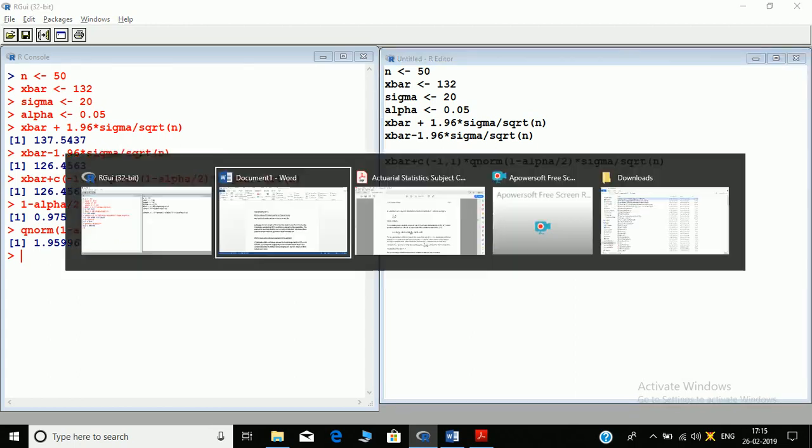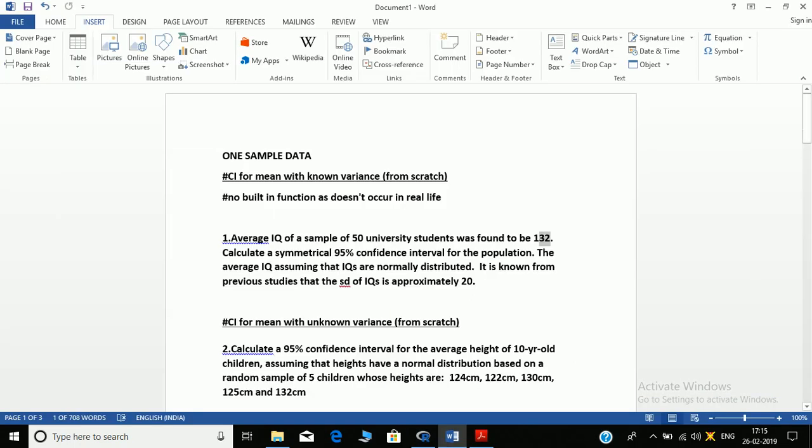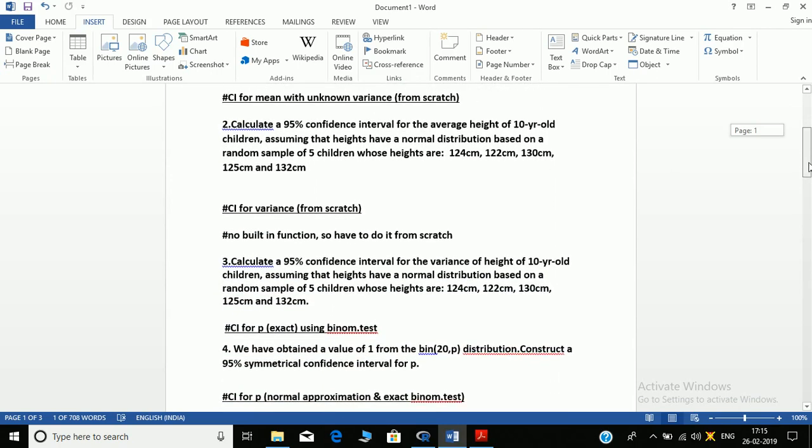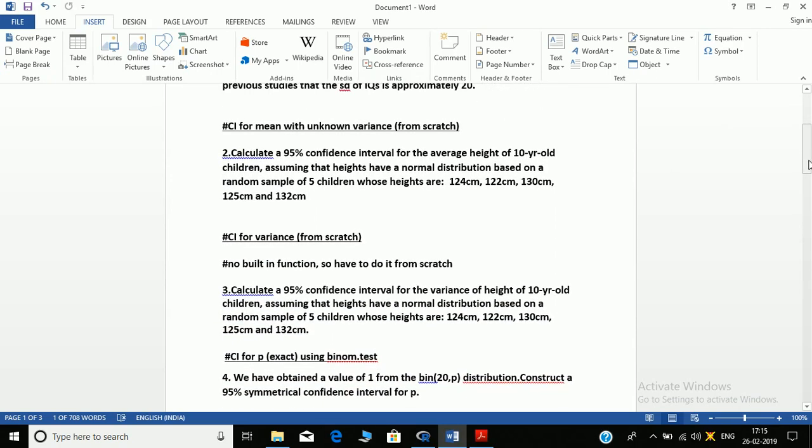Okay, next, it is CI for mean with unknown variance. Calculate a 95% confidence interval for the average height of 10-year-old children, assuming that heights have normal distribution, based on a random sample of 5 children whose heights are 124, 122, 130, 125 and 132.